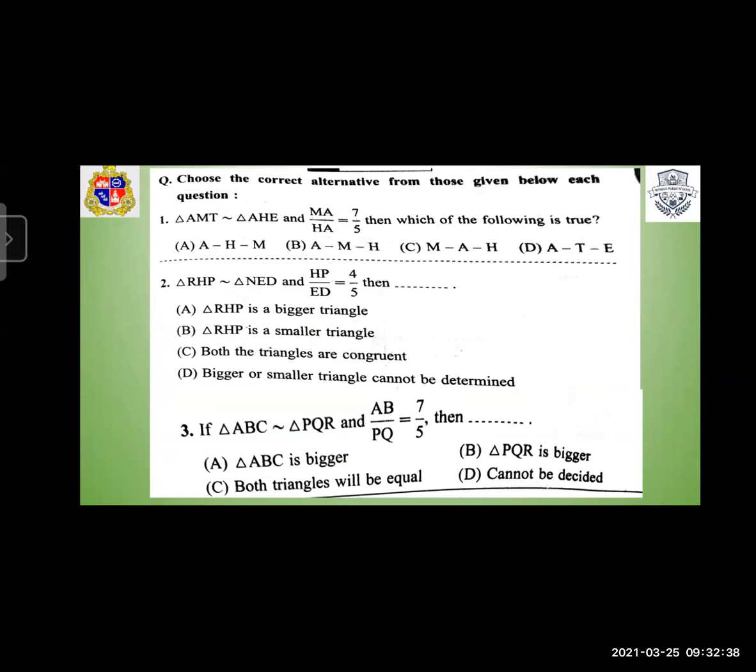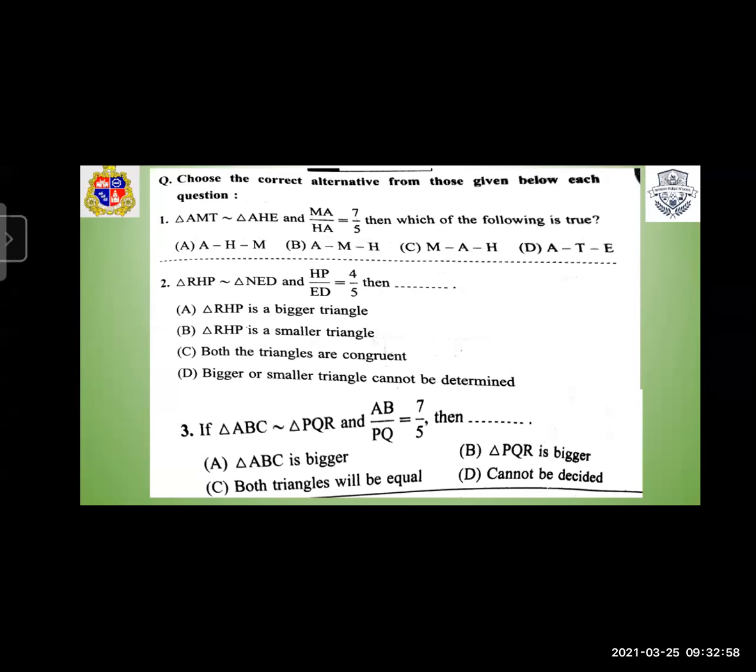In triangle AMT similar to AHE, the ratio MA by HA is given, then which of the following statements is true? For this, you have to construct a rough figure and then answer the question. So here AMT is similar to AHE.